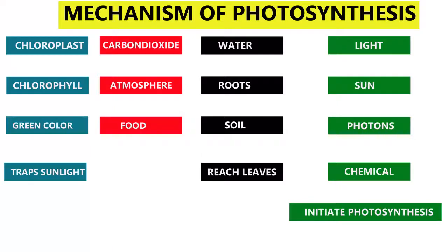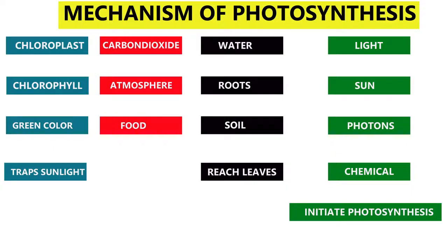Children, we have seen that the chloroplast contains pigment molecules called chlorophyll, and this chlorophyll is responsible for the green color of the leaves, and also these chlorophyll molecules trap the solar energy.